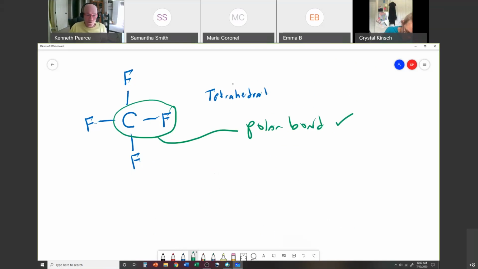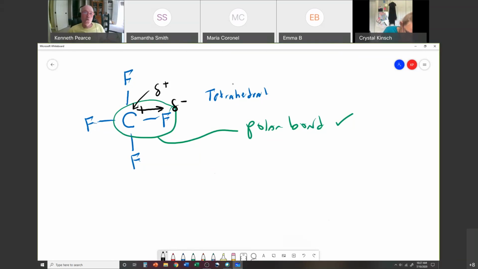And we would look at this and we would say that it is pulling in this direction. And we would say that this end down here, the carbon, is a partial plus. Everybody agree so far?